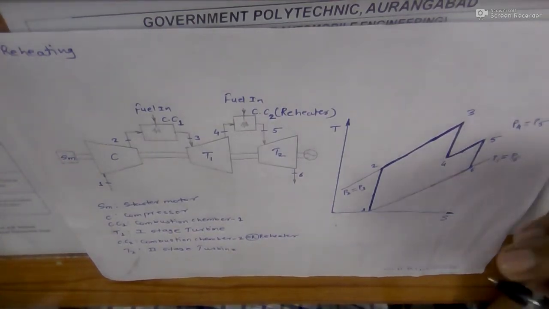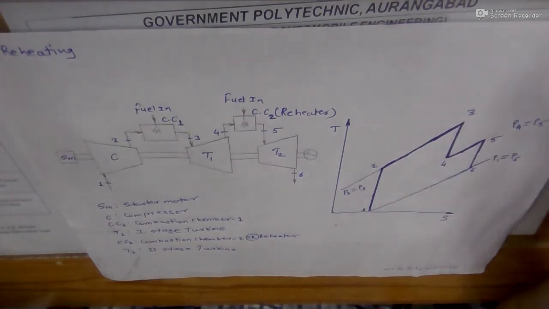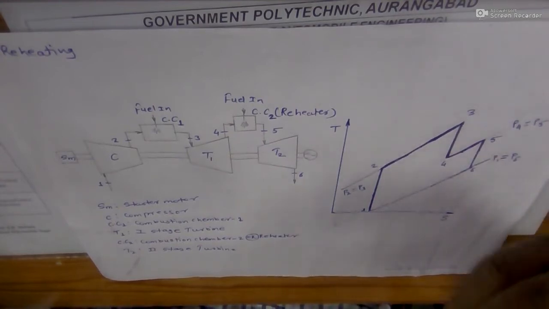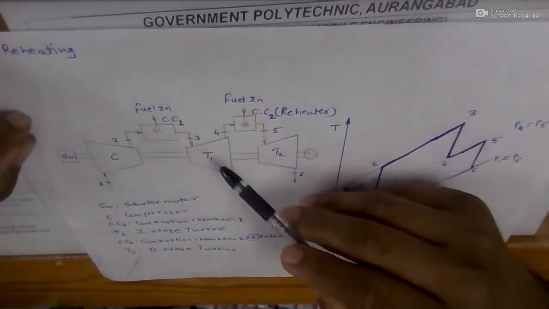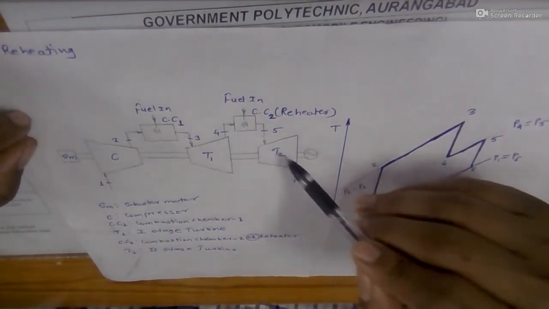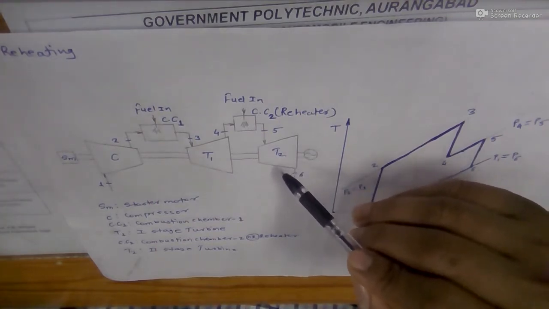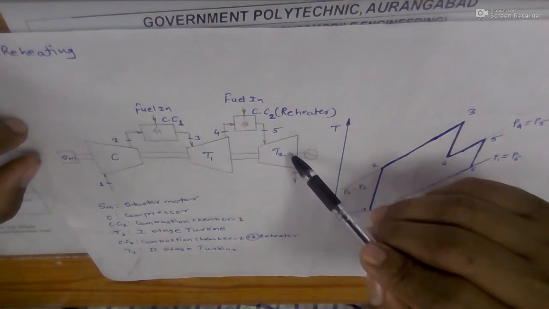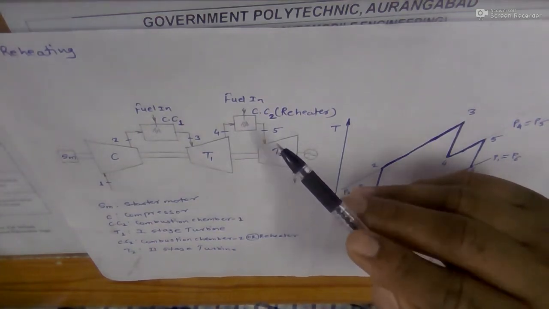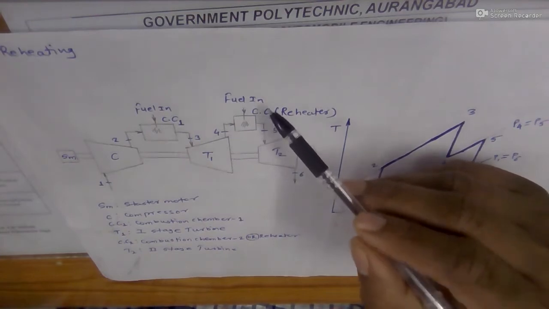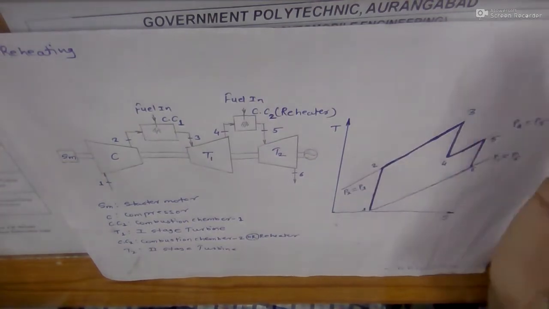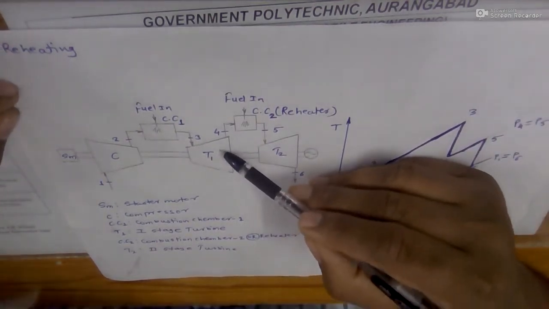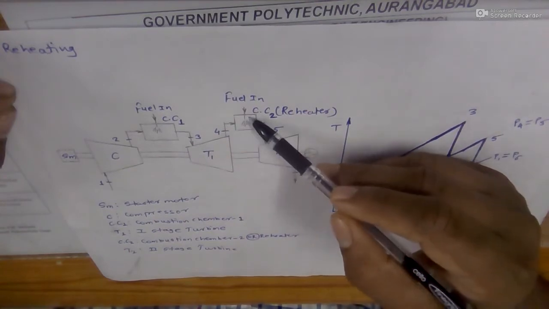To burn those fuel molecules completely and extract the heat energy they contain, we allow those gases to expand in another turbine. But we do not send those gases directly into the second turbine; we add a very small amount of fuel to them for further expansion.